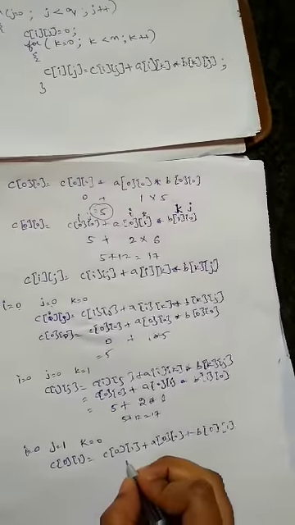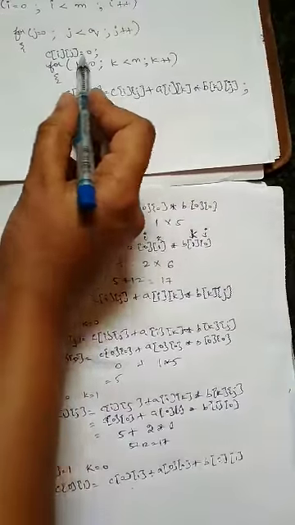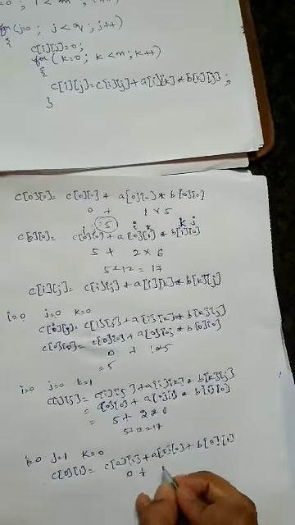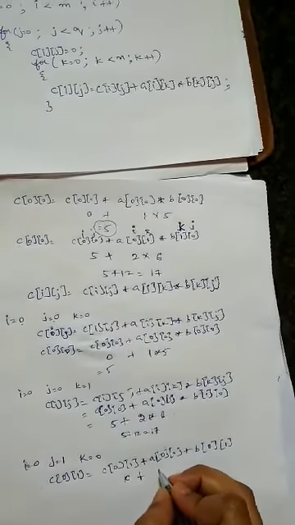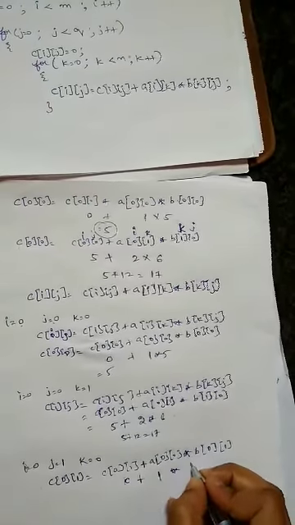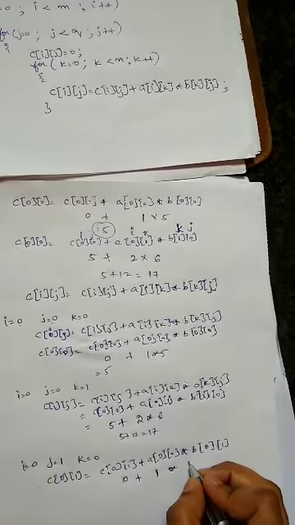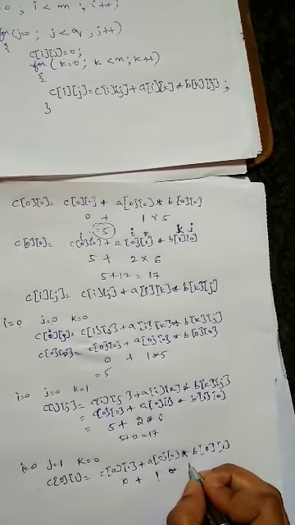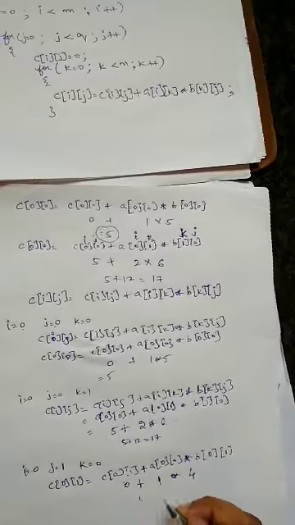What is C of 0 1? It has been initialized to 0 here. So 0 plus A of 0 0 is 1 into, what is B of 0 1? B of 0 1 is 4. Okay, 4 into 1 is 4.